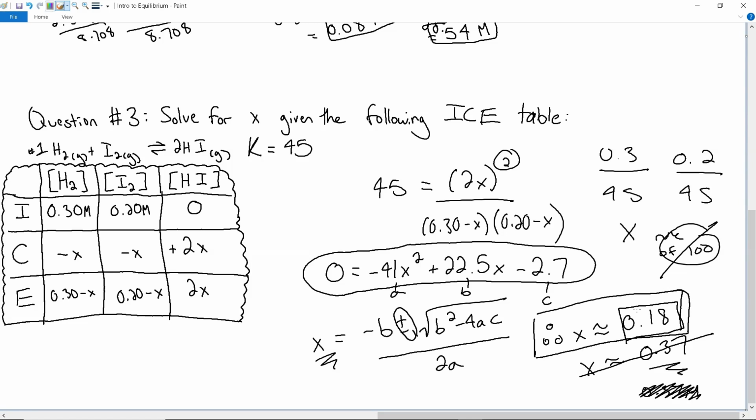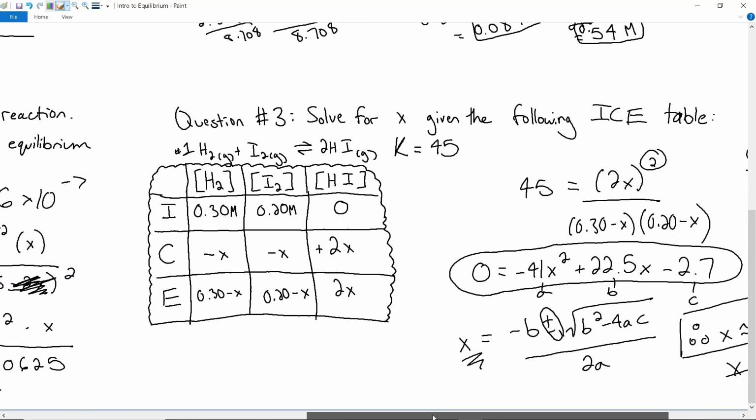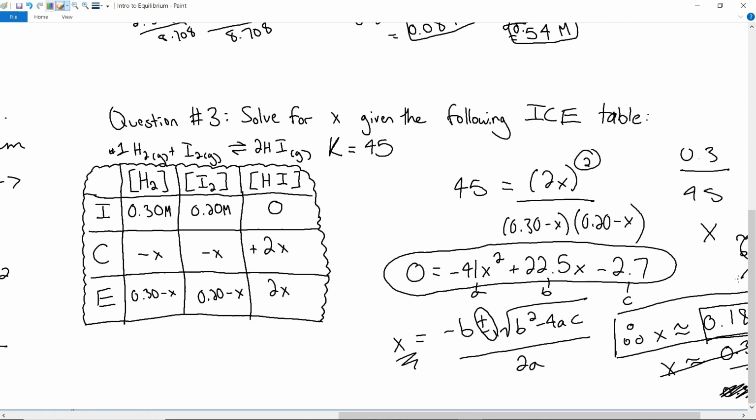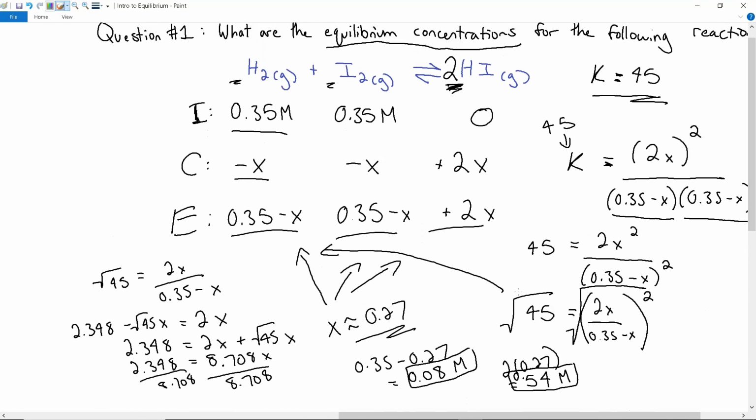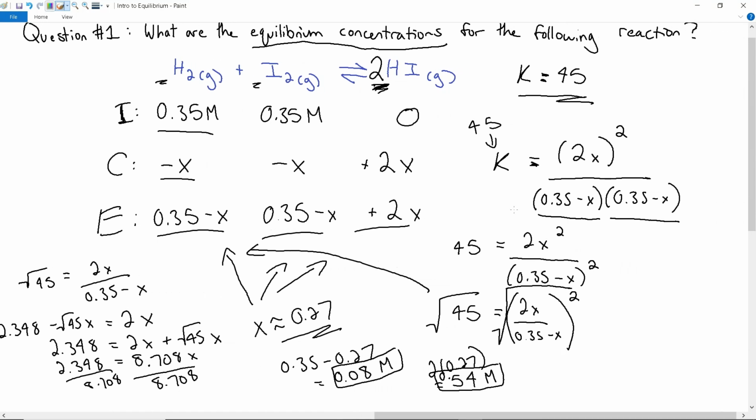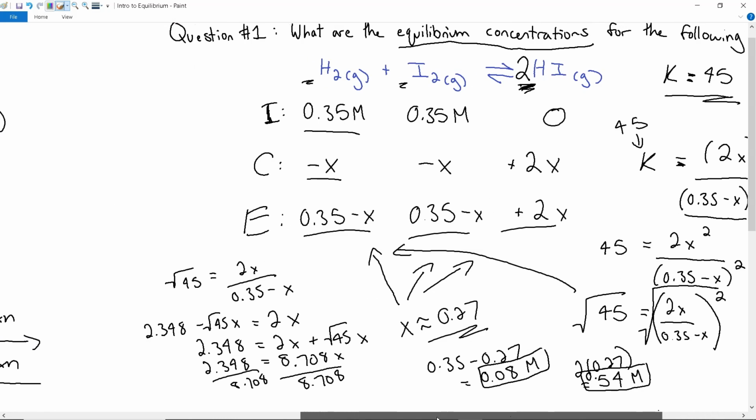So really what I want you to understand is how to set up your equilibrium equation and then all the tricks you can use to solve for x. If you can simplify it mathematically by removing the power of 2 and thus getting rid of it being a quadratic.